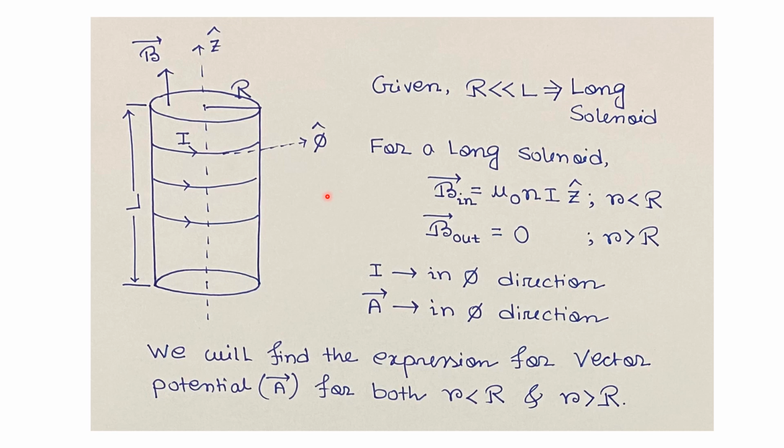And in the outside region of the solenoid the magnetic field will be 0. Now current is along the phi cap direction, so eventually the vector potential will also be along the phi cap direction. We have to find the expression for the vector potential both inside the solenoid and outside the solenoid.